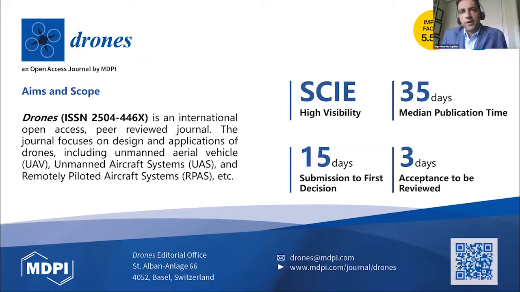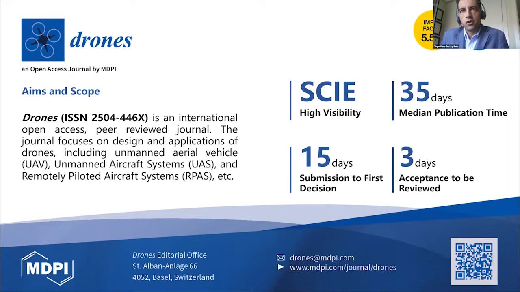To end my presentation and introduction to the journal, let me show you this slide where we can see in a clear view that the median publication time is around 1 month. This is very good, especially for those scholars who need to publish their research in an efficient way.